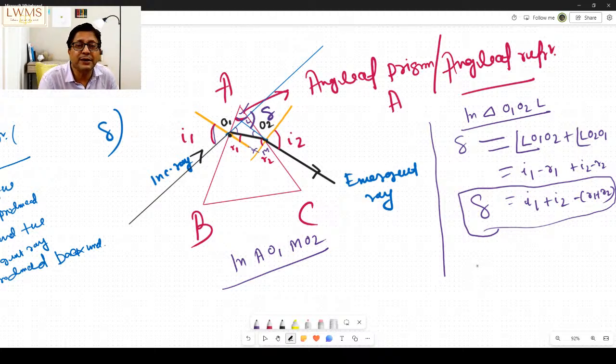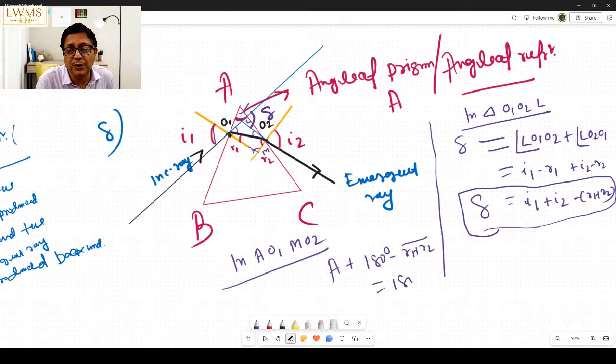Their sum must be what? A plus this angle, this one. This is R1, this is R2. This is 180 minus (R1 plus R2). A plus 180 minus (R1 plus R2) should be 180 degrees. Clear?